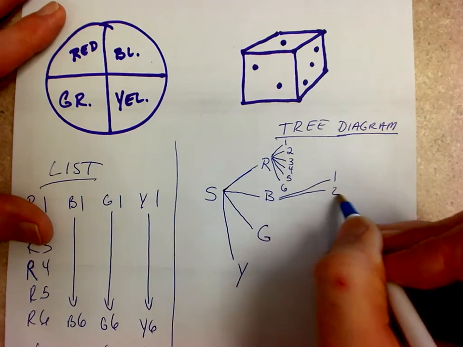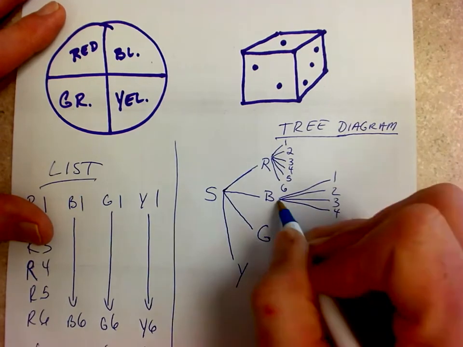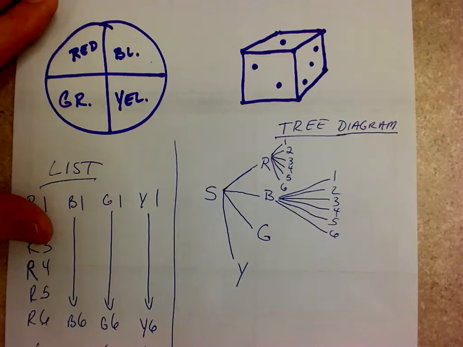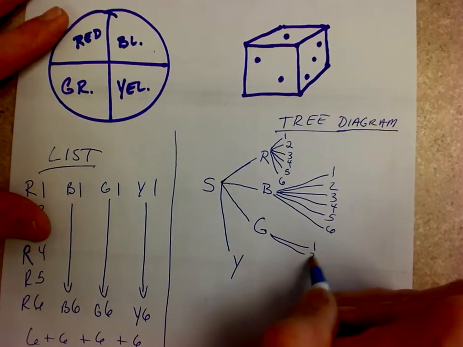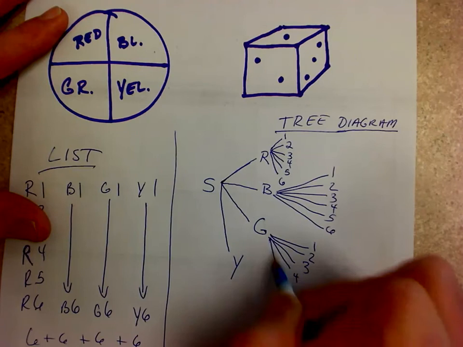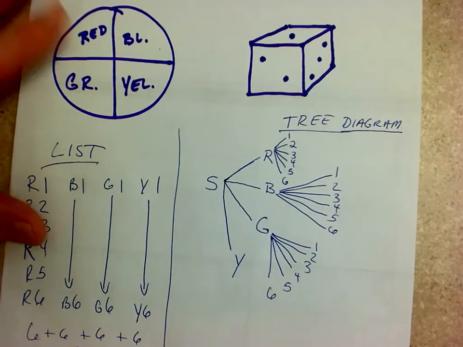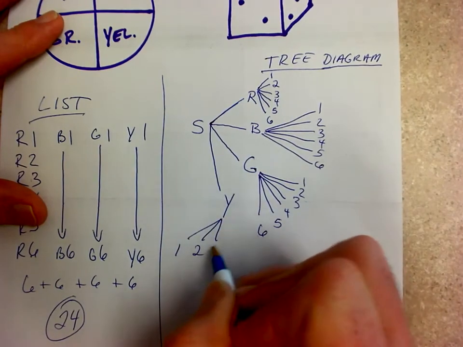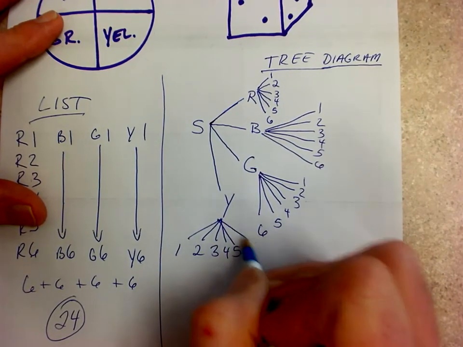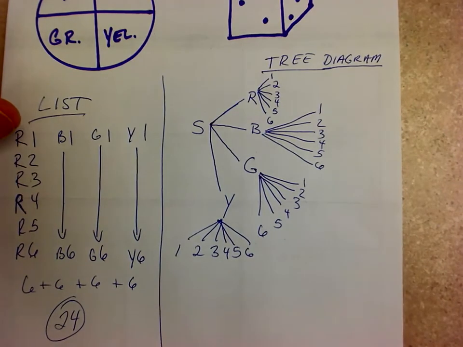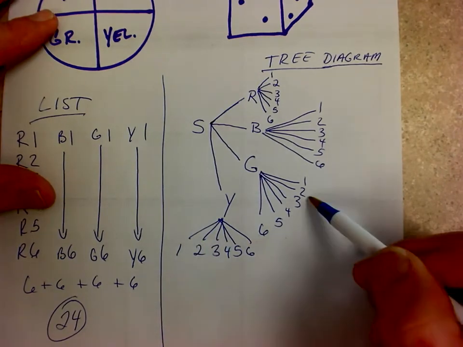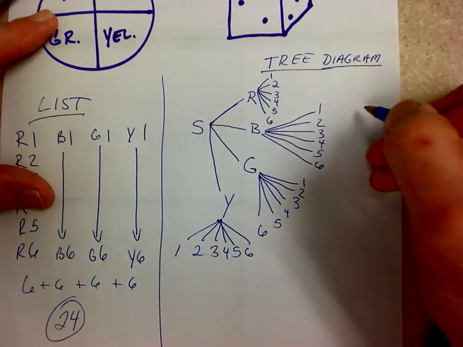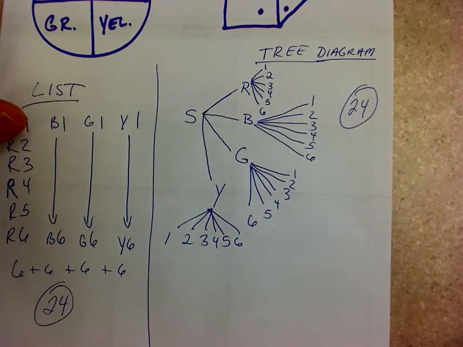The same for the blue, the green, and the yellow. Once you complete your tree diagram, we're looking for the final year. How many branches on the final year? 6 plus 6 plus 6 plus 6. We end up with 24 again.